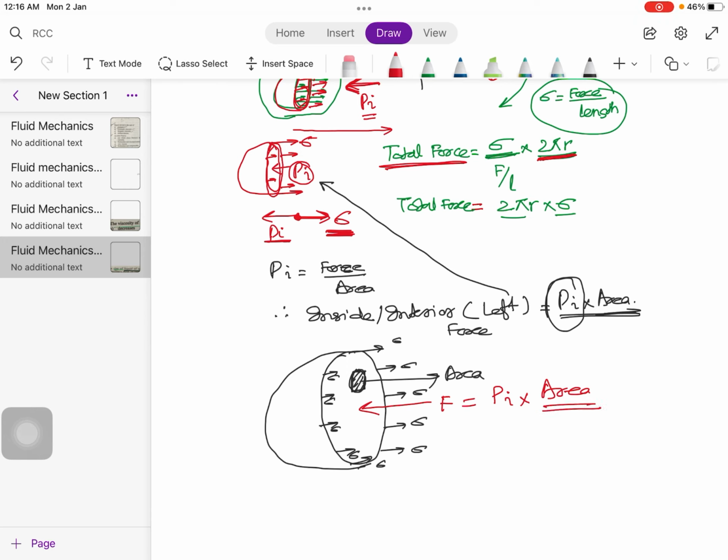The area here in this water droplet is the area of this circle, which is the surface formed by dividing this water droplet into two. Therefore, this area is pi times radius squared.